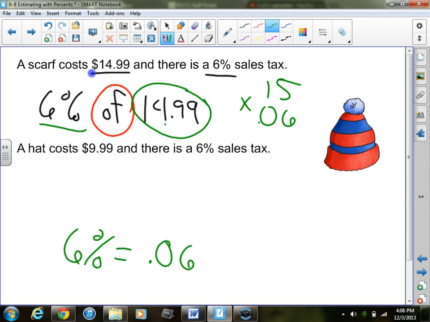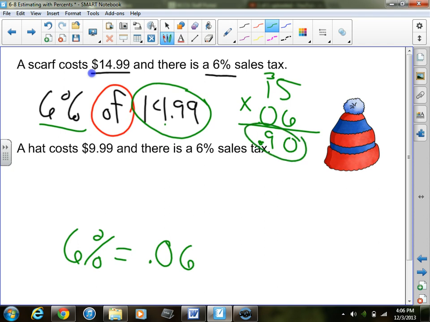I'm going to multiply that out. So that's going to be 30, that's going to be 6, 7, 8, 9, and then bring my decimal down right there. So I know that the sales tax, or 6% of 15, is going to be 90 cents.